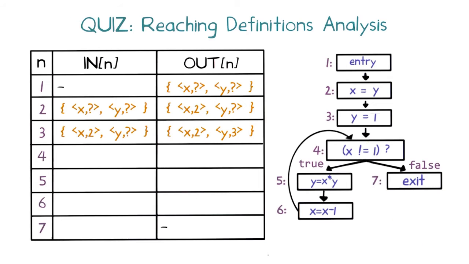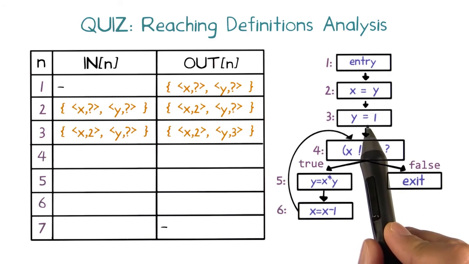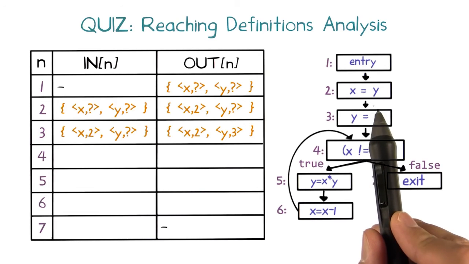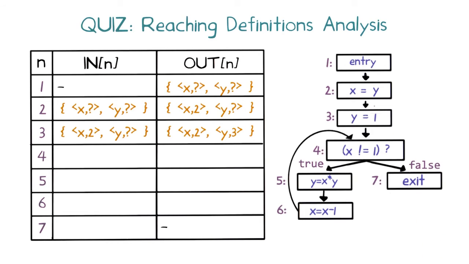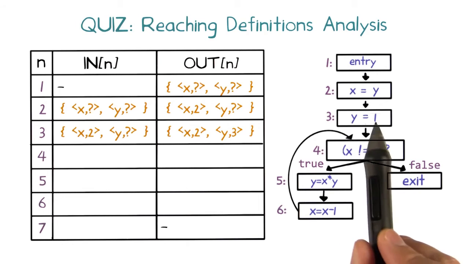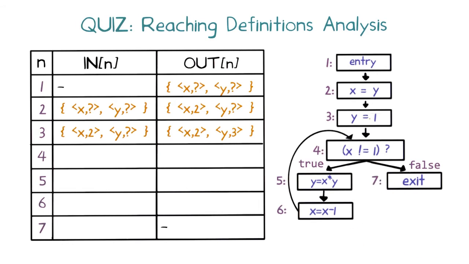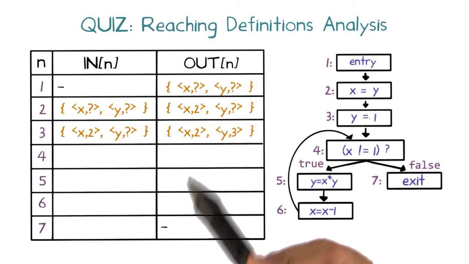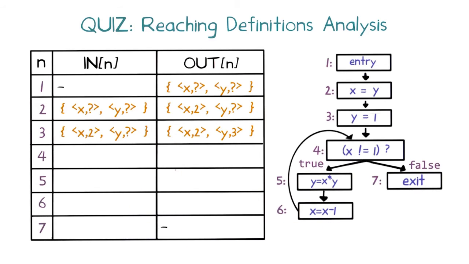The second operation states that the out set of a node contains all the definitions in the in set of that node minus definitions that are overwritten by that node plus any new definitions that are generated by that node. Remember to keep iterating through the whole table, applying these 2 operations to each node until there are no changes in a given pass through the table.